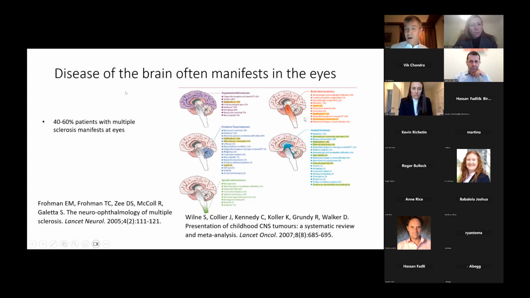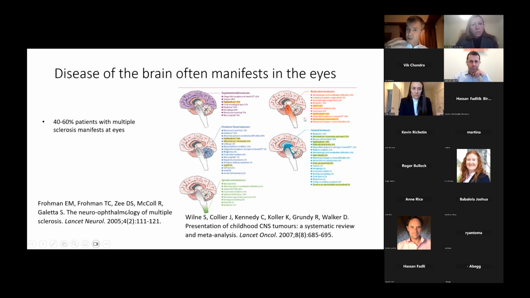And it's not about particularly rare diseases either. So, for example, one disease you may all know is multiple sclerosis. Roughly half of the patients manifest the disease at the level of the eyes, which may be an eye movement problem or which may be an optic nerve problem.